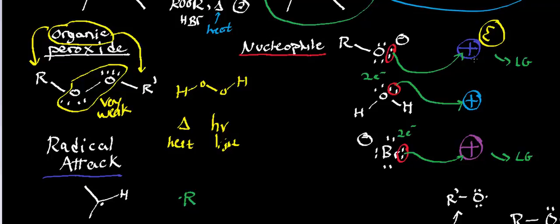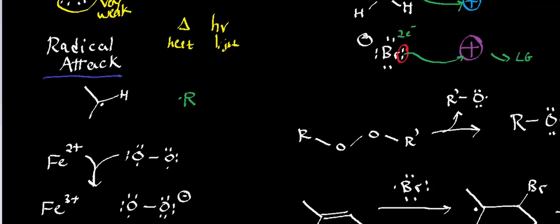Okay. However, whenever we're talking about things of the oxygen-oxygen bond nature, we're talking about actually a different type of electron movement. Here, when we're talking about nucleophiles, almost always we're talking about two electron movements, transfers of two electrons. However, we can have a very different type of electron movement.